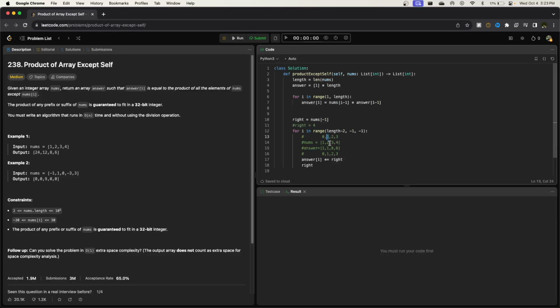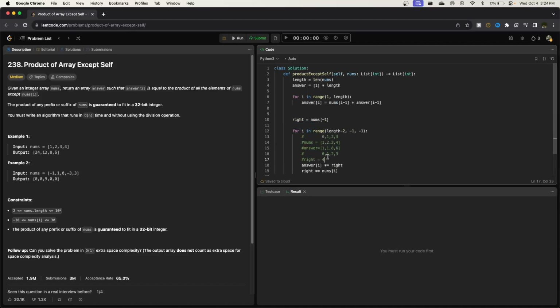And then now we're going to set right. Since we're moving 1 to the left, we're going to set right, and we're going to multiply these numbers. So right times equals nums at i. Yes, nums at i. And that's pretty much it.